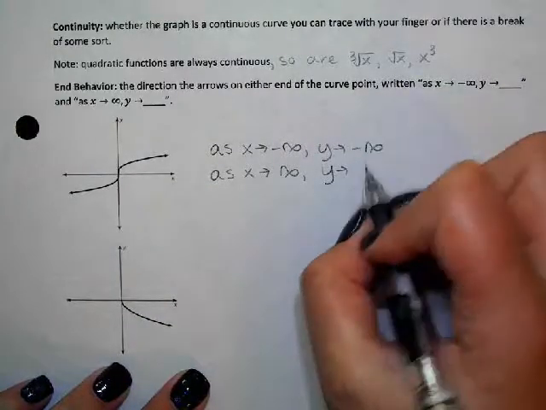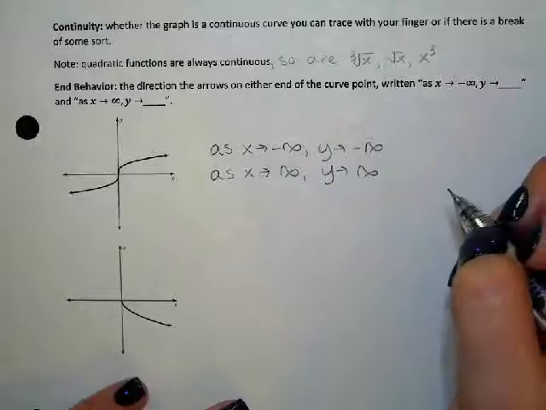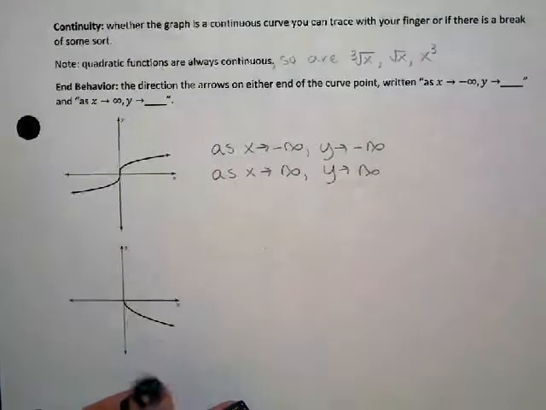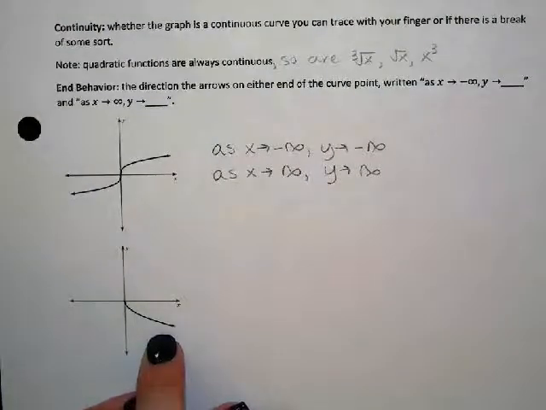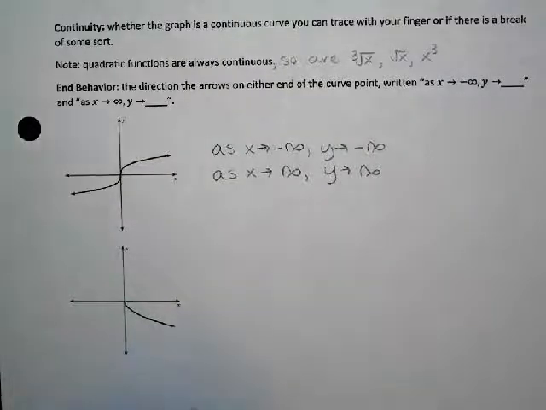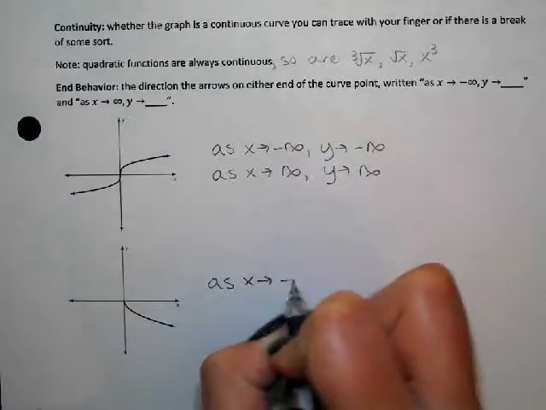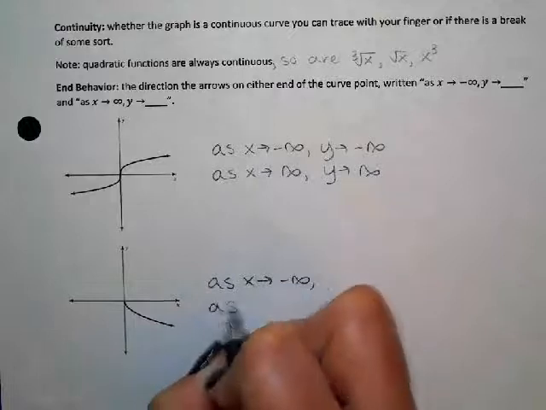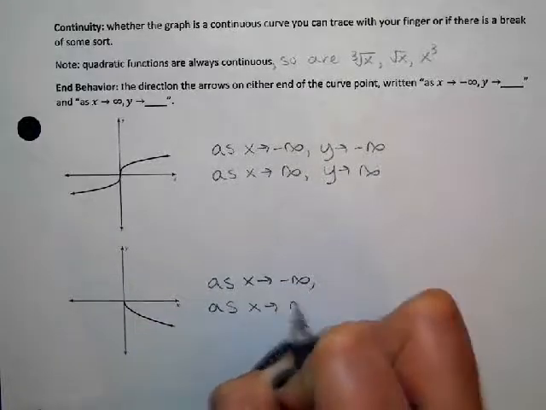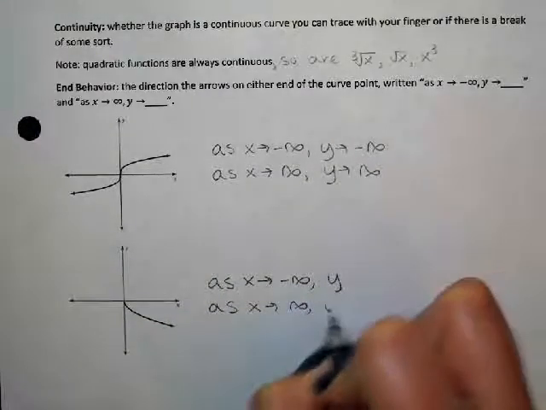Okay. Now this one is the funkiest one of all, and for the whole year, it's probably the funkiest one we're ever going to see, to be honest. So this one I'm going to say, let's look at the left arrow, and you might be saying this, Rice, there is no left arrow, and yes, that is exactly what makes it funky. So as we look at the left arrow, there isn't one.